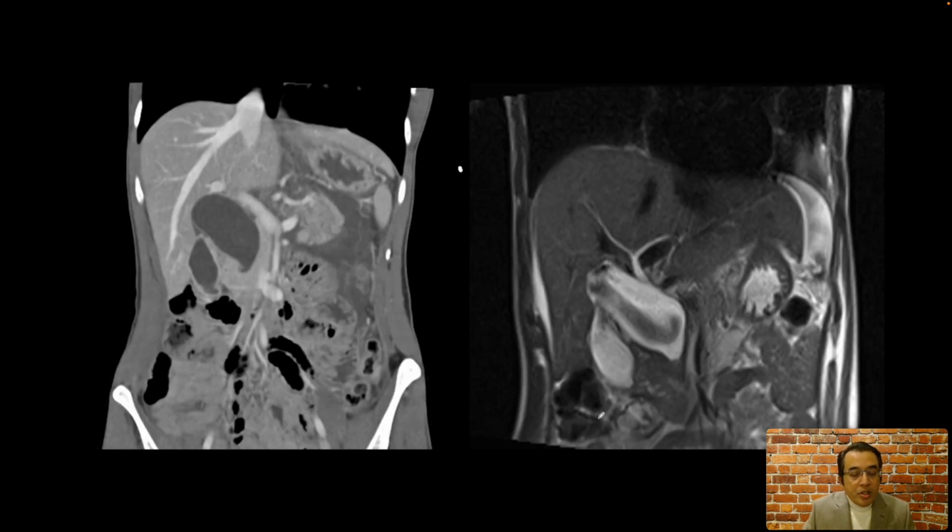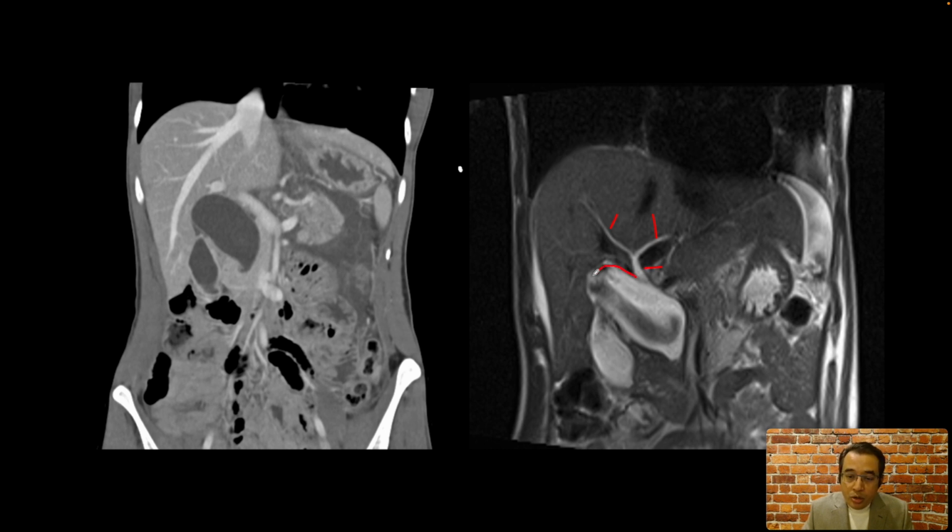This is our next patient, and we are looking at two coronal images, one from the CT scan on the left and one from the MRI showing the T2 weighted image. And this patient has a type 1 choledochal cyst. So here I'll show on the MR left-sided and right-sided bile ducts coming together to form the CBD.